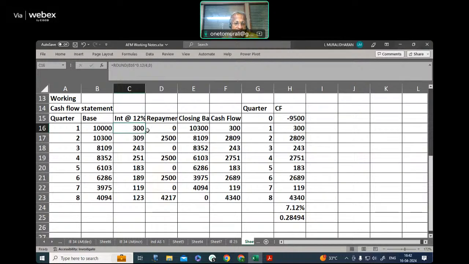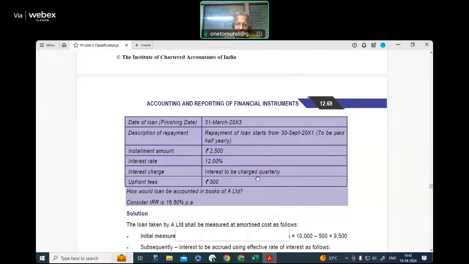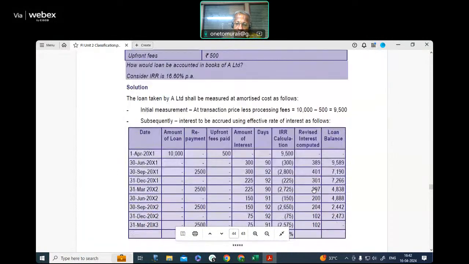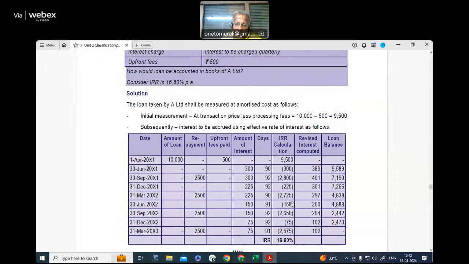Cash flow is 300. Next one is 309 plus 2500, 3809. That is what they have also done. Just see, 225, 2725.